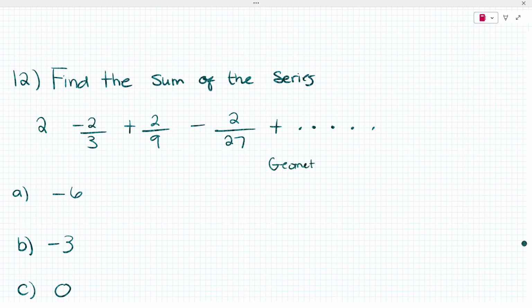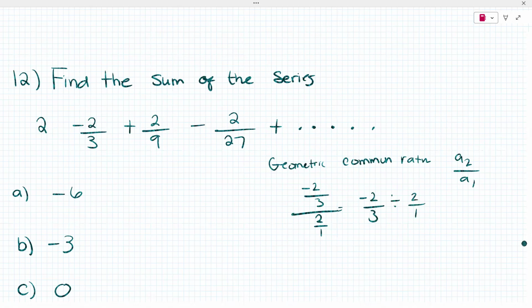How do we know it's geometric? It looks like we have a common ratio. How do I find this common ratio? What you could do is take the second term divided by the first term. My second term is negative two thirds divided by my first term, which is two.